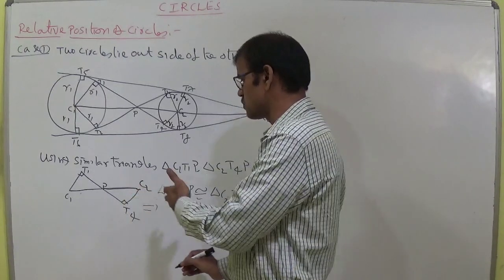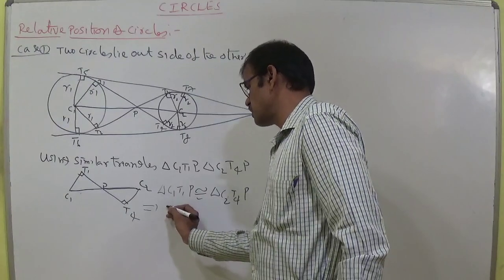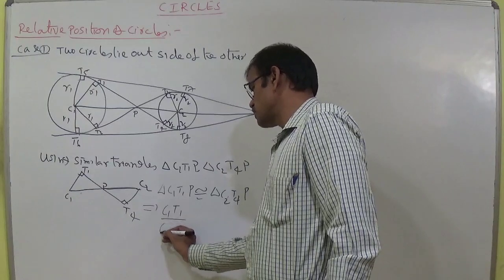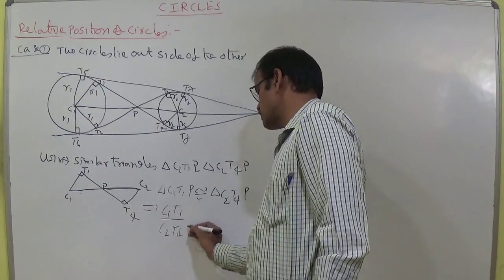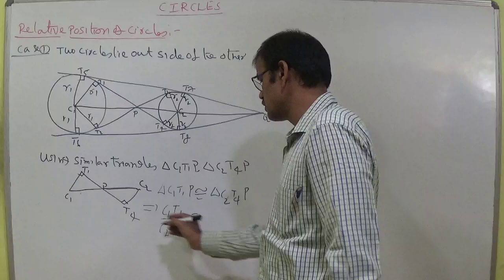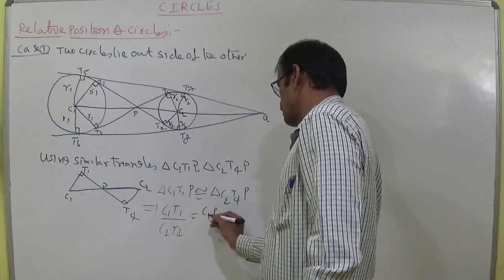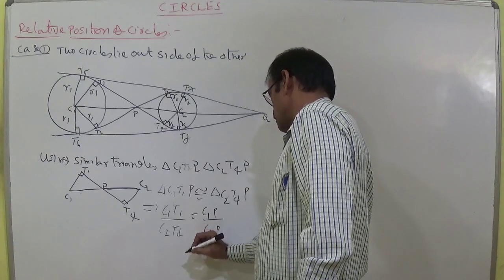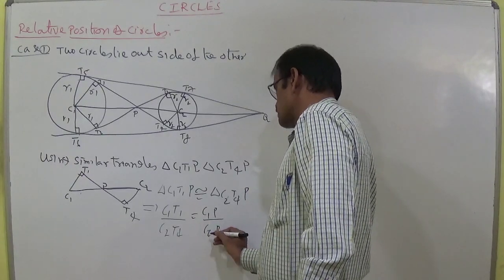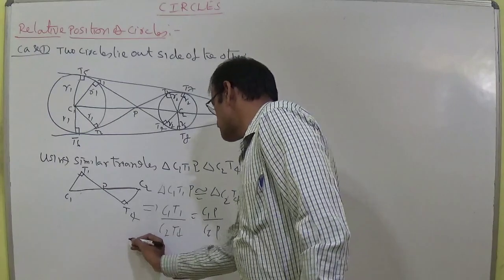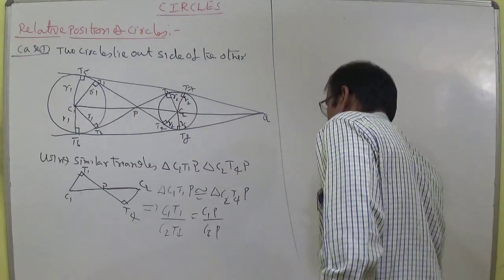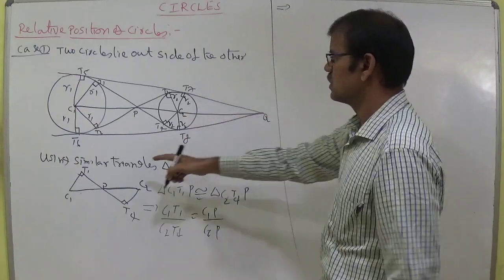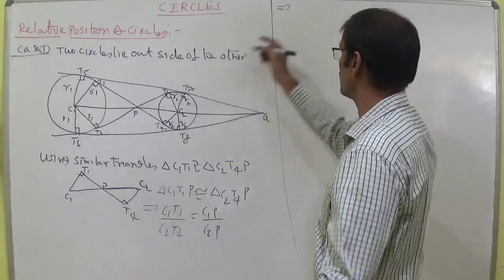So what is happening? Side by side is equal to side by side, like that you can put here. C1T1 by C2T4 is equal to C1P by C2P. Of course T2 also you can write, no problem. Here you can put T2, here you can put T3, anything.